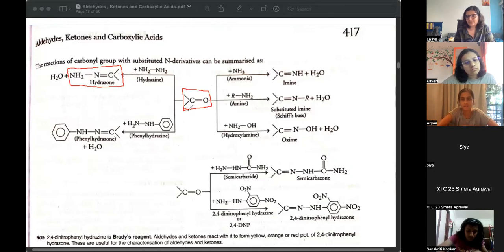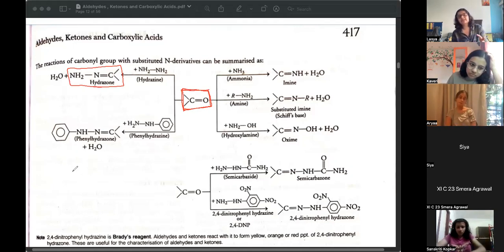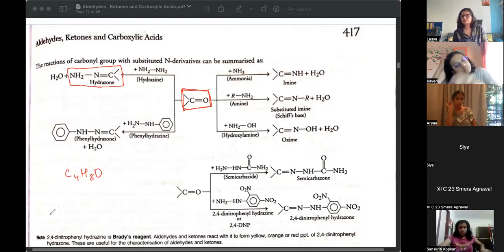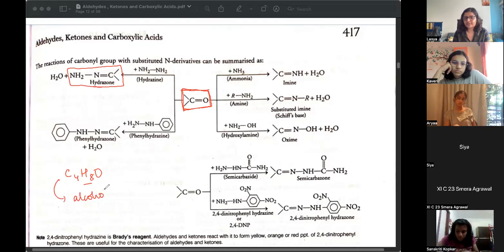Because you look at the reactant and then you have an aldehyde or a ketone, and you'll be able to predict the compound. Suppose you're given the other way around, like an organic compound of the formula C4H8O. In this case also, based on the number of hydrogens, you'll be able to figure out whether it's an alcohol or an ether, or an aldehyde or ketone.